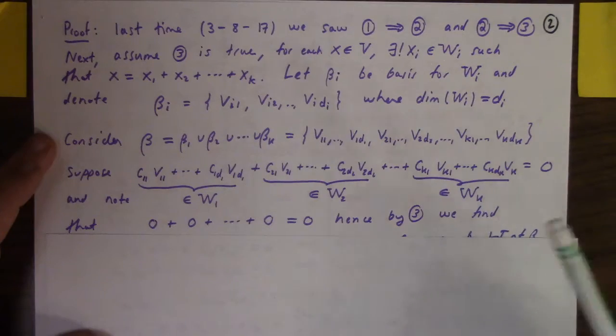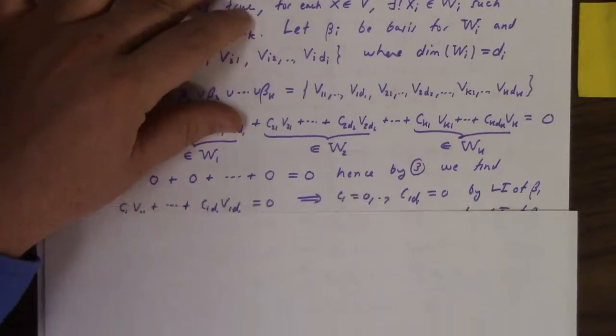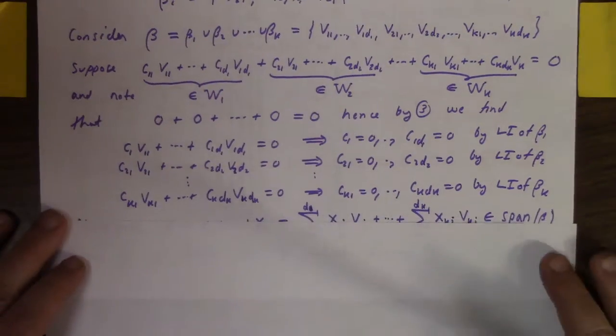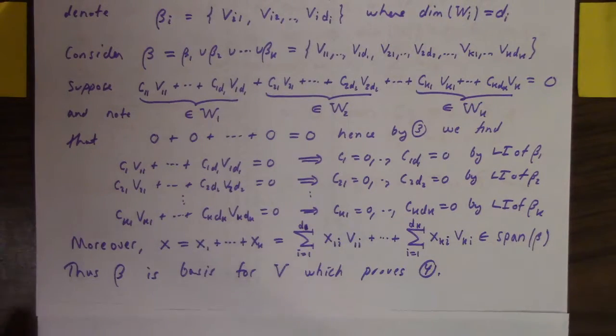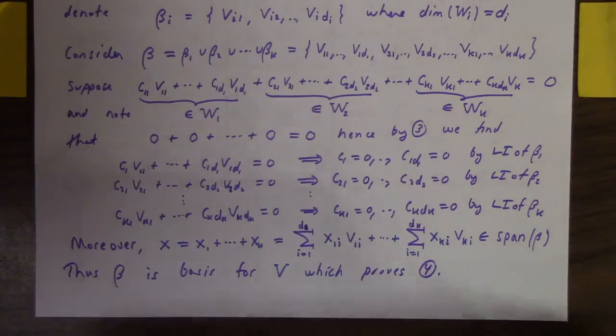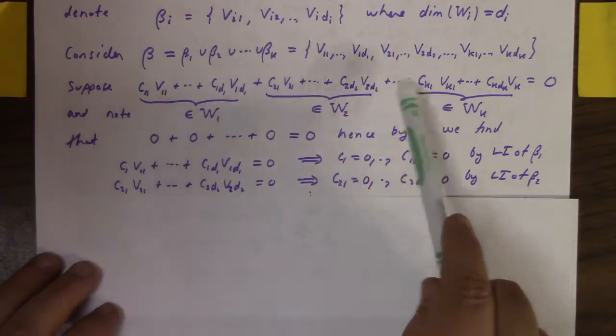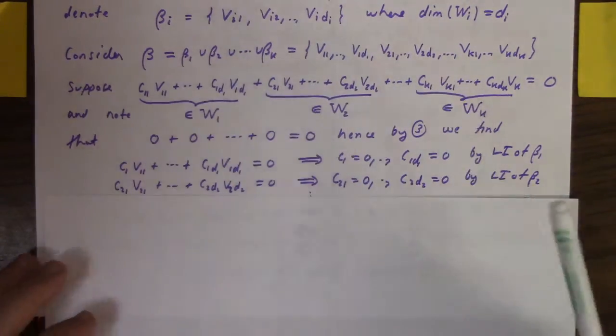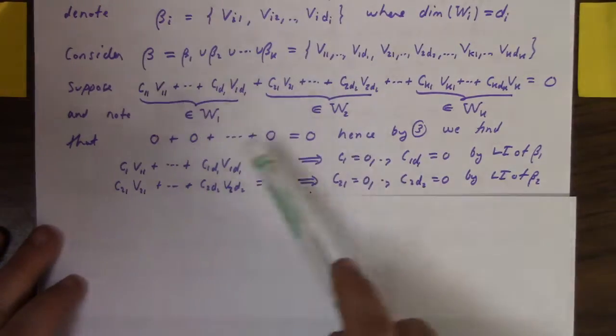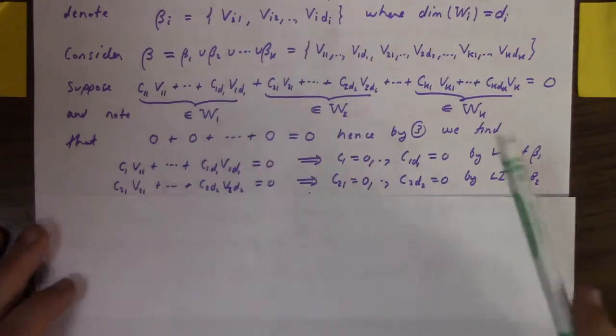So, by uniqueness of representation, that gives us that each one of these sub-combinations, these linear combinations, must separately be 0, since there's a unique way to represent 0 as a sum of k vectors, right?